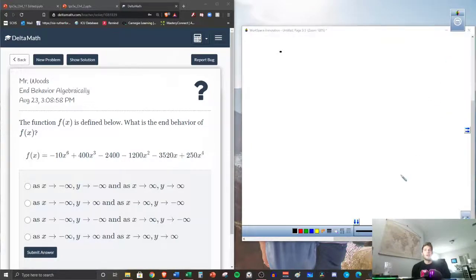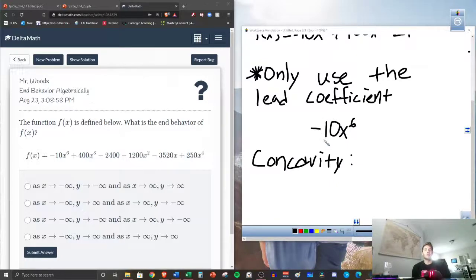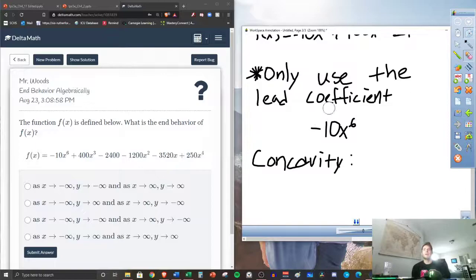And what determined that was the A value, the leading coefficient. So I need to actually change this. Erase coefficient, we need to use the leading term. I said that wrong. So this is the lead term, negative 10x to the sixth. So we're using the lead coefficient to determine concavity.